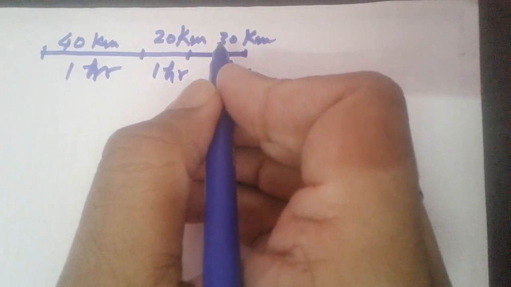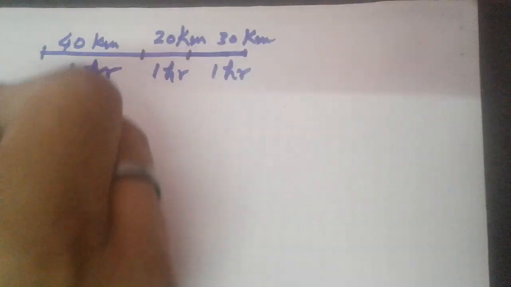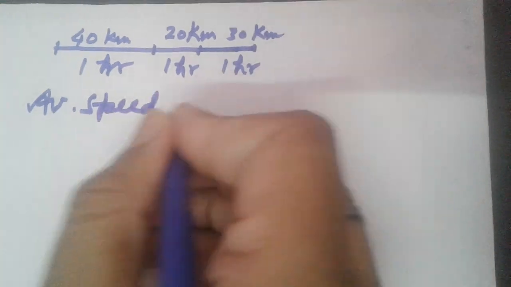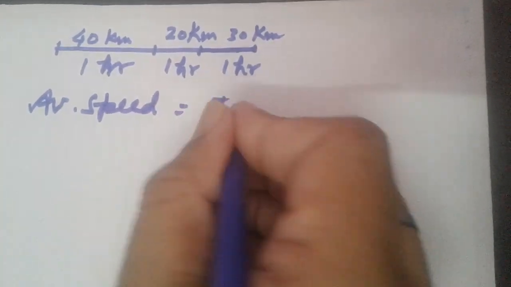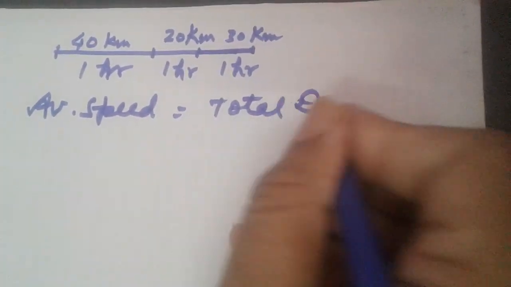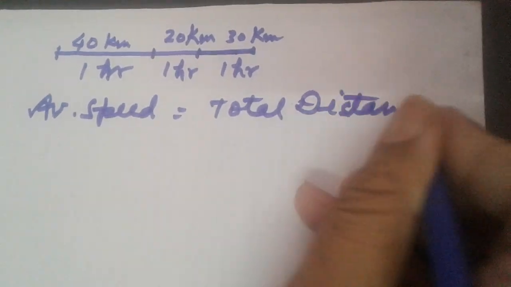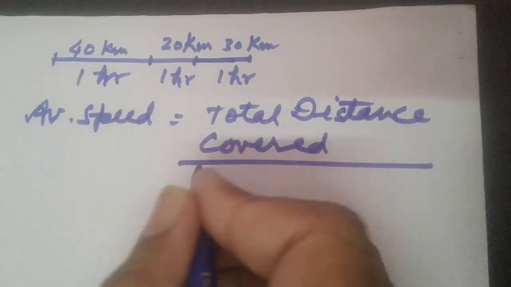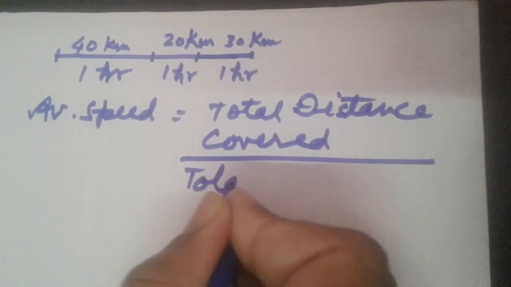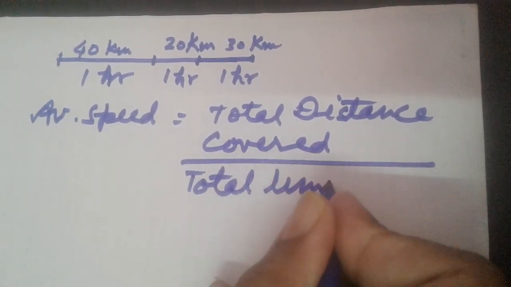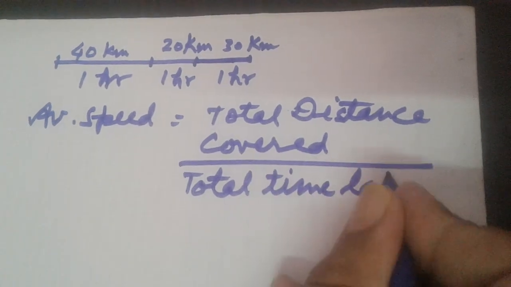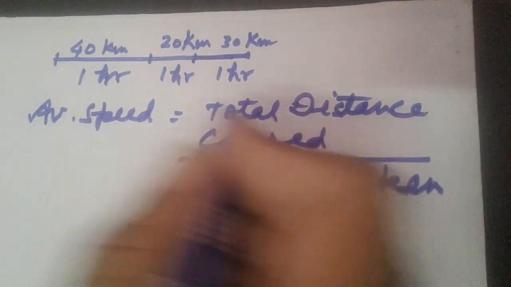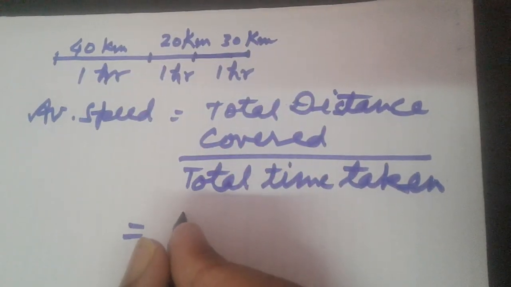In this case, we find the average speed. Average speed equals total distance covered upon total time taken. Total distance covered is 40 plus 20 plus 30.